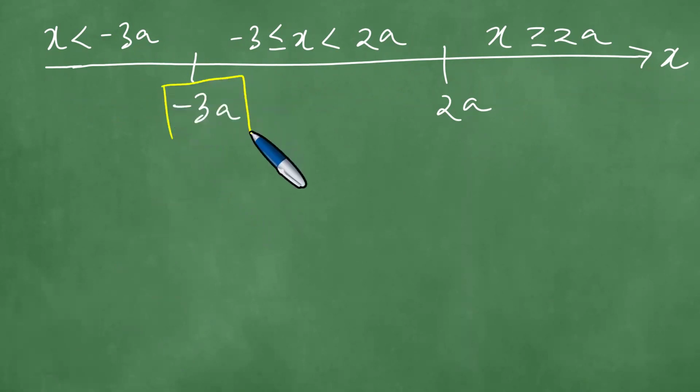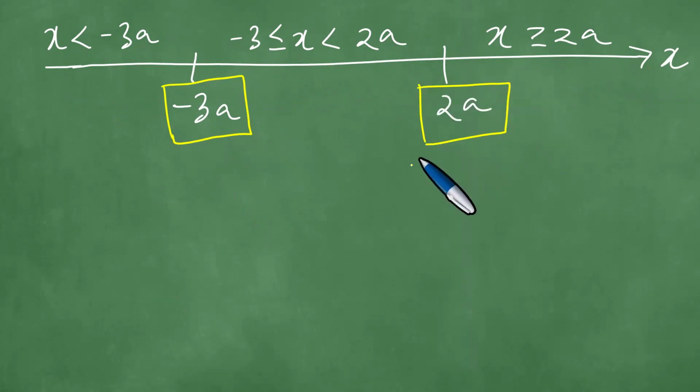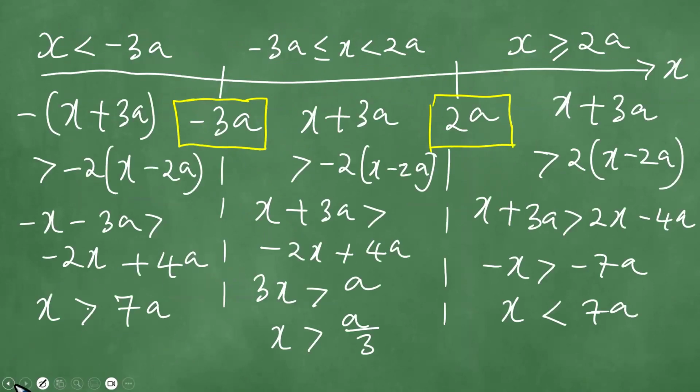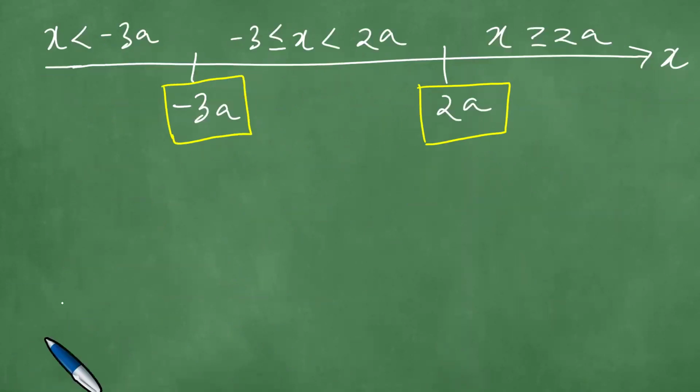So we continue. As we proceed with our analysis, on this side we have x is strictly greater than 7a.